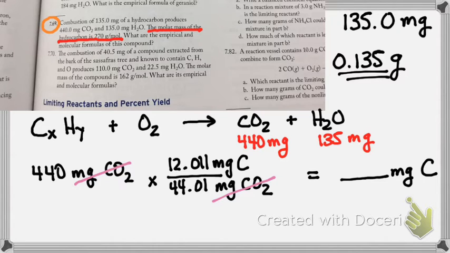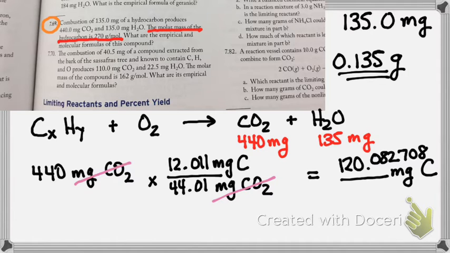So we have 440 times 12.011 divided by 44.01, and I obtain an answer of 120.082708 milligrams of carbon.